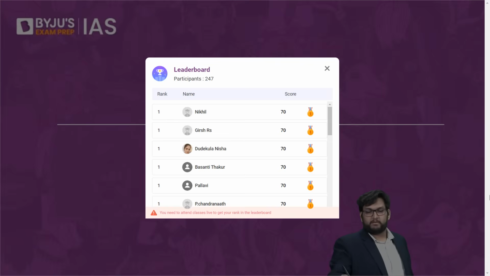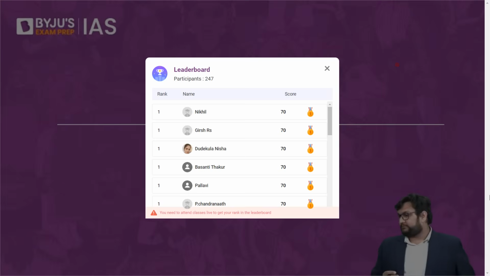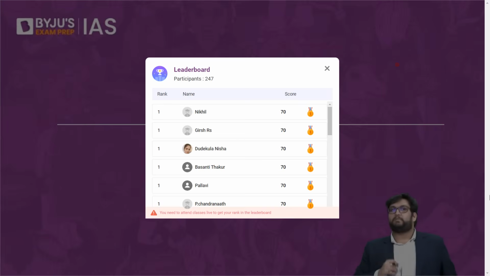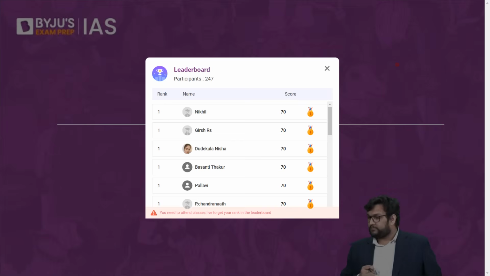There would be more people with 70. It only shows the first 20-25 as per the pace. Fastest finger first. Can I start sculpture on the note that you can't remember within 45 minutes? That is the unfortunate part here.